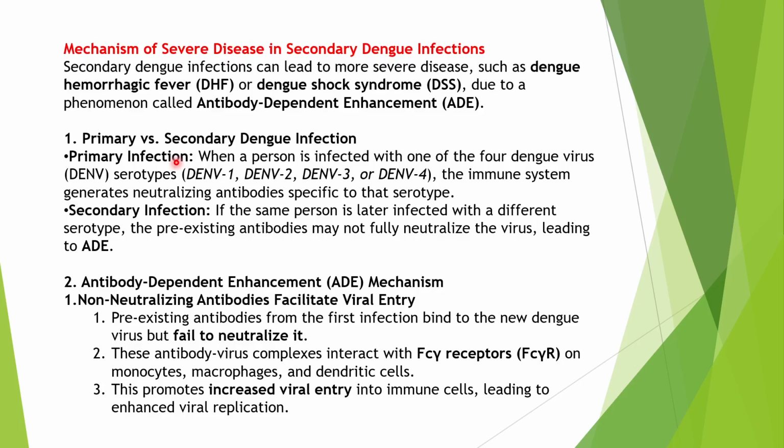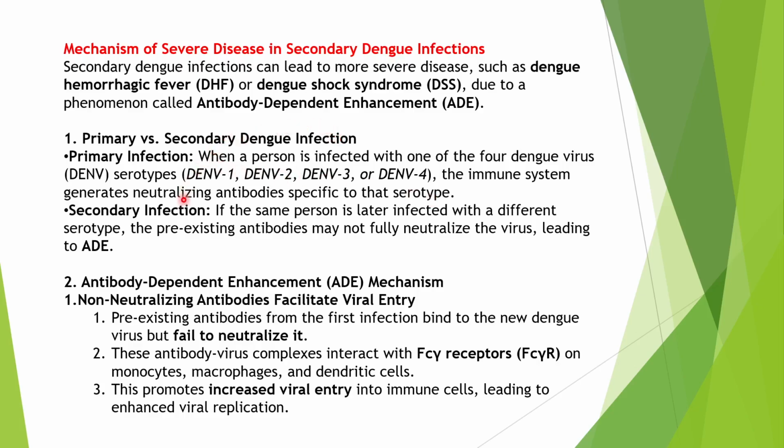The primary infection is when a person is infected with one of the four dengue virus serotypes, 1, 2, 3, and 4, and the immune system generates neutralizing antibodies specific to the serotype that infected.